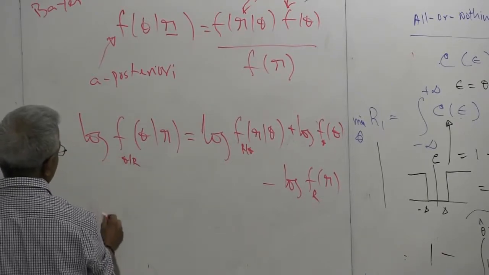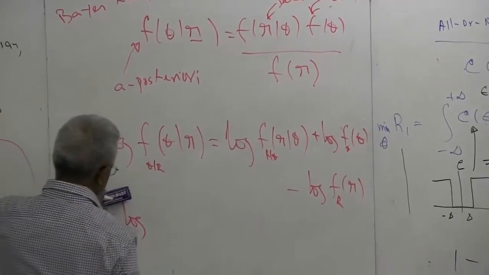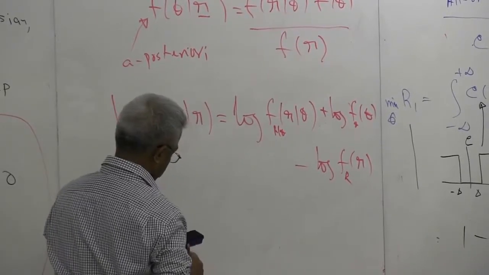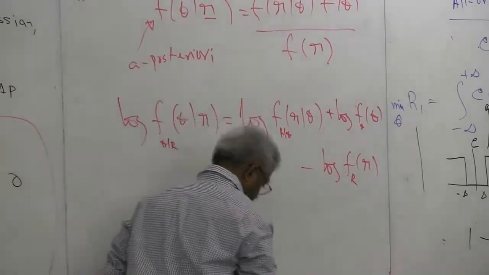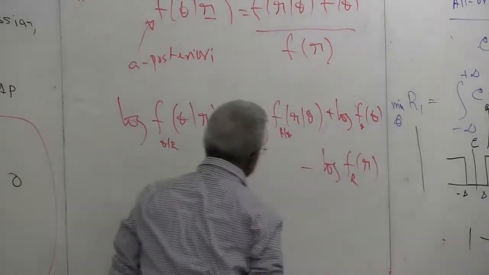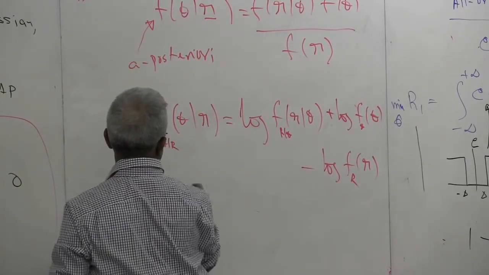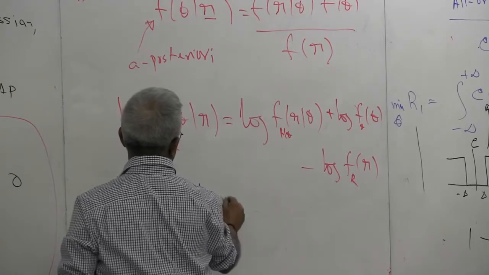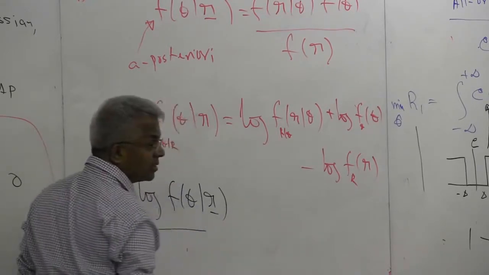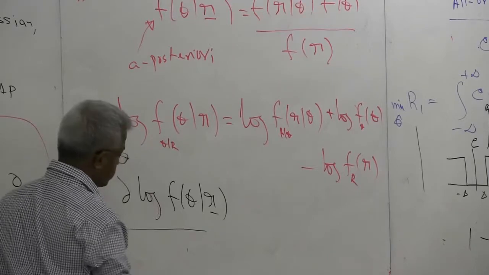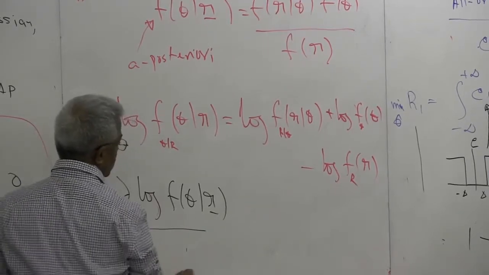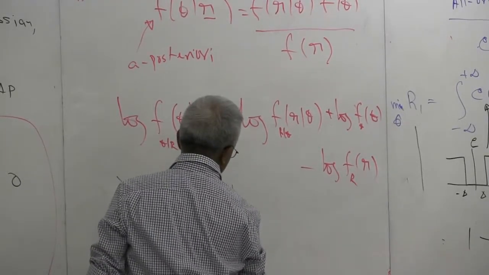So now if you take the derivative of this log with respect to what? Theta, and equate it to 0, I get the MAP estimator, right?